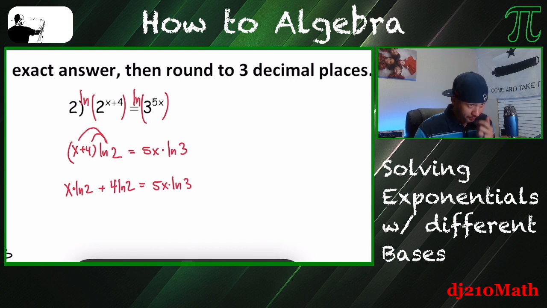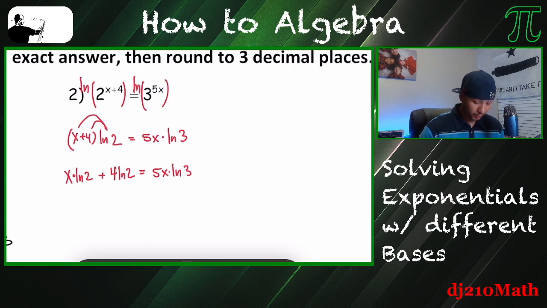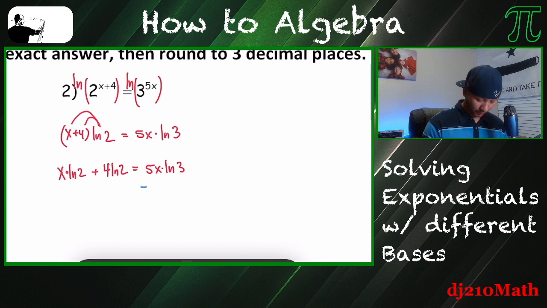Okay, so now that the ln's are all distributed, I want to move all of the x's. Everything that has an x in it needs to go one way, and everything that doesn't have an x will go the other way. So what I'm saying is I'm going to subtract 5x ln 3 from both sides.